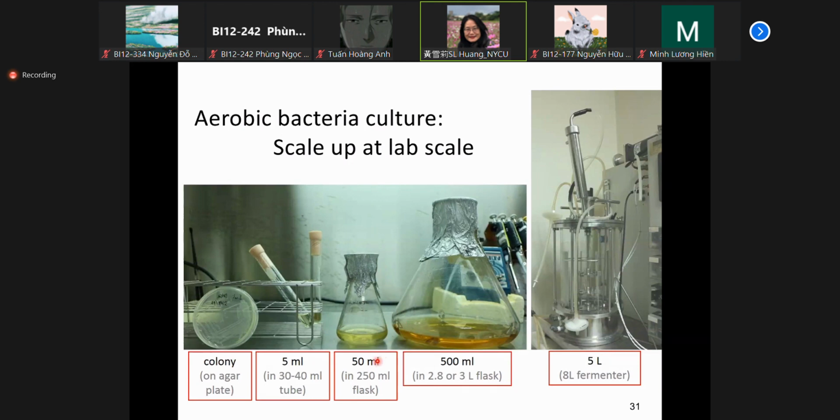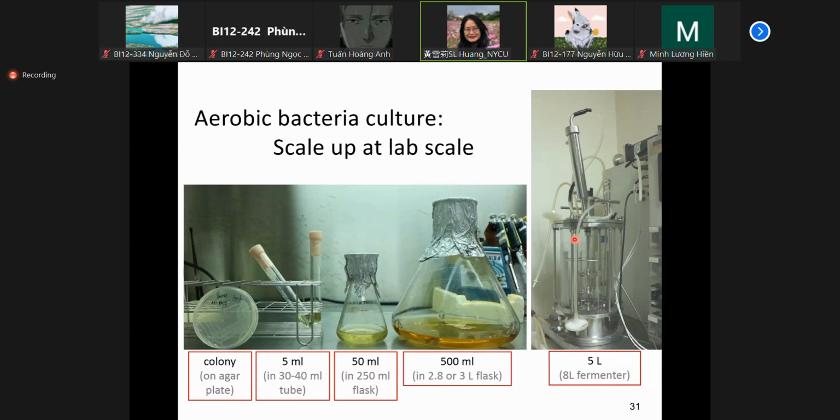Then with the 10-fold scale up, as I mentioned, 5 ml, 50 ml, 500 ml, to 5 liters. In the fermenter, the working volume is 5 liters, and normally the complete volume will be like 8 liters, because we still need some space above the suspension.